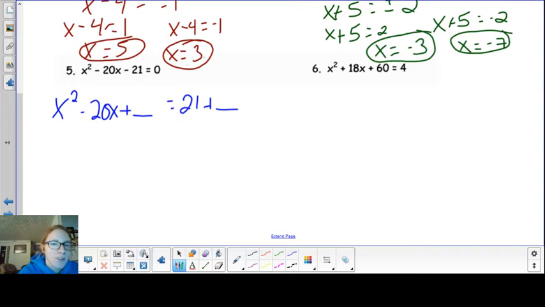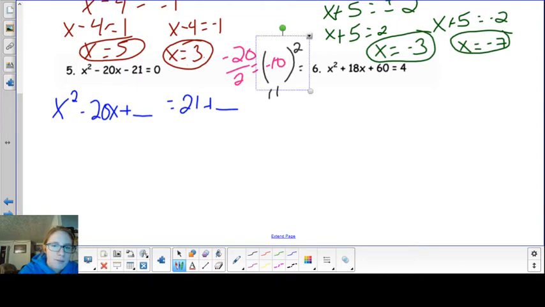Right, I take that negative 20 divided by 2. I get negative 10. And then I take that negative 10 and I square it. I get 100. So in my blank goes 100.